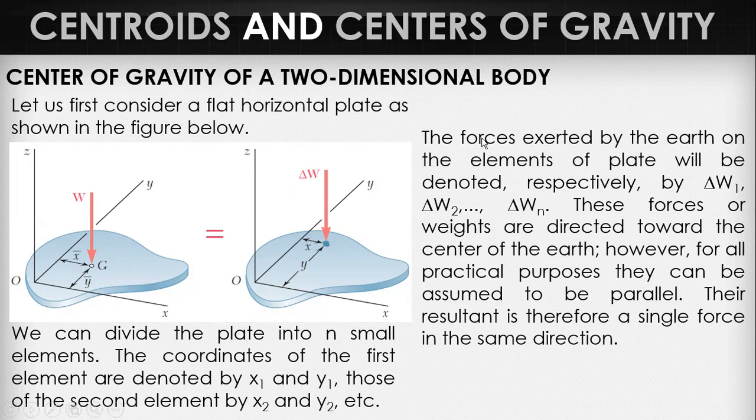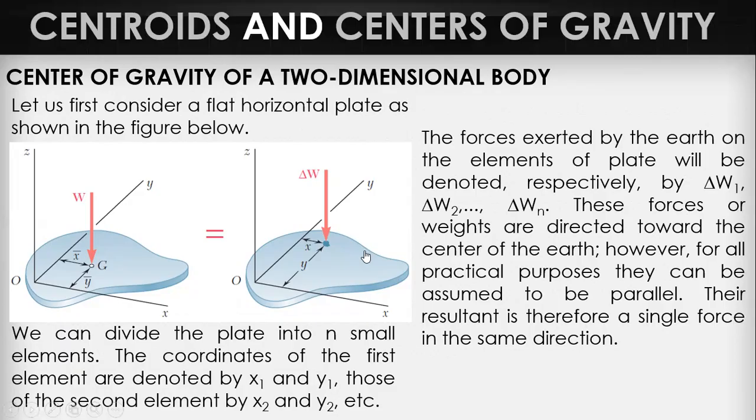The forces exerted by the Earth on the elements of the plate will be denoted respectively by delta W1, and then for the second element, delta W2, and so on, up to the last element, delta W sub n. These forces or weights are directed towards the center of the Earth. However, for all practical purposes, they can be assumed to be parallel.